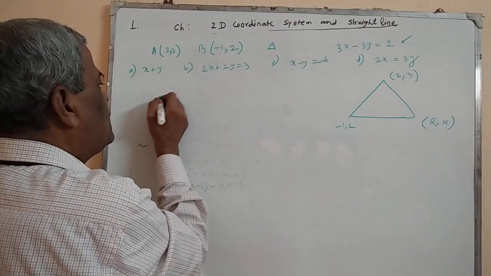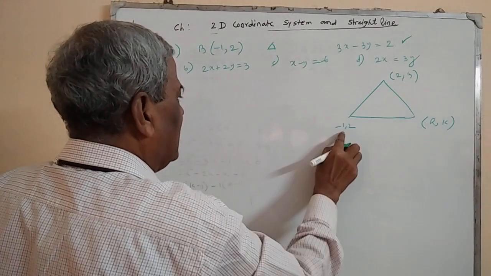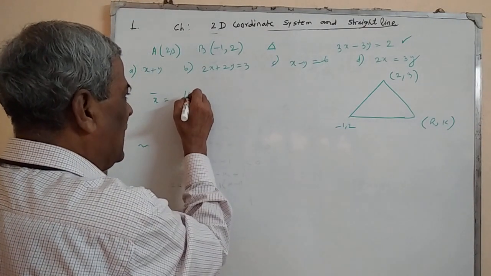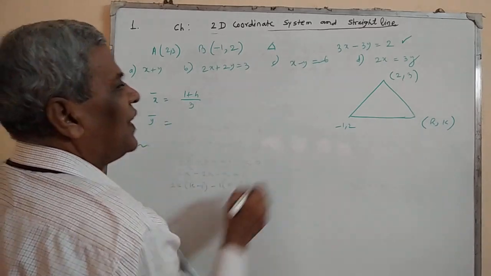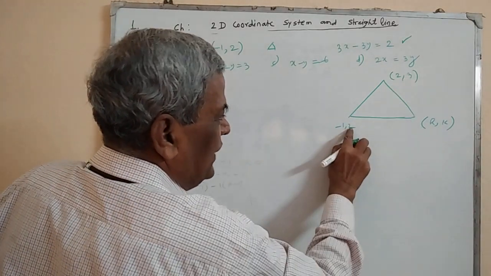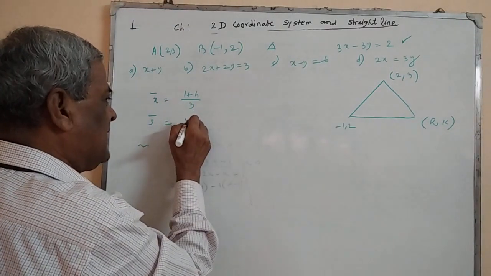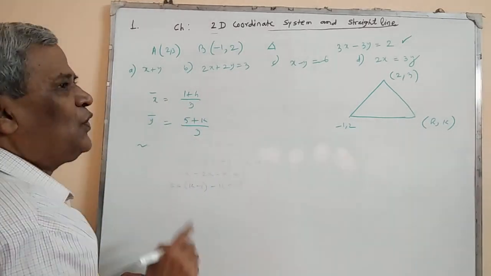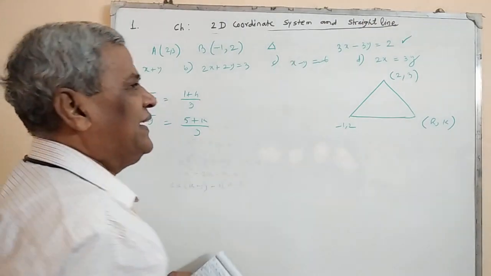Its centroid is x bar equal to (x1 plus x2 plus x3) by 3, so (1 plus h) by 3, and y bar equal to (y1 plus y2 plus y3) by 3, so (3 plus 2 is 5, plus k) divided by 3. And this centroid lies on that line, so it must satisfy it.